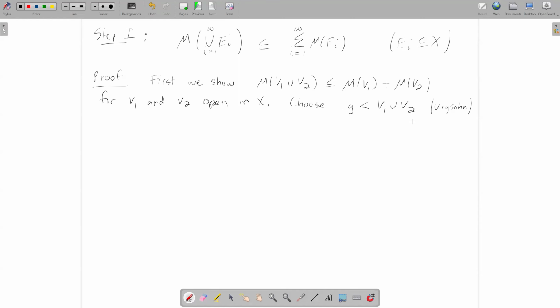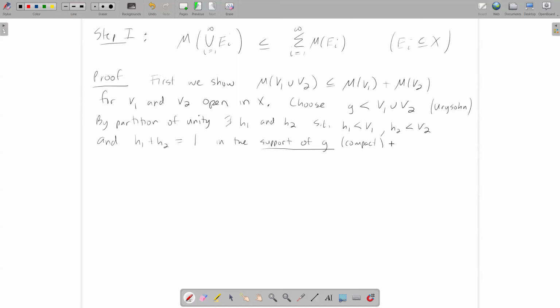By partition of unity, I think I did partition of unity in part 2, if I remember right, there exist H1 and H2 such that H1 is less than V1, H2 is less than V2, and H1 plus H2 equals 1 on the support of G, which is compact.